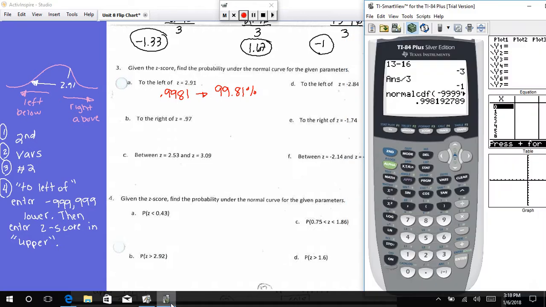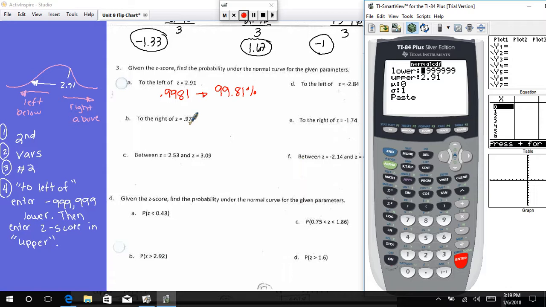Okay, let's jump down to B and do the to the right of. It's going to be the exact opposite of what we did here. To the left of, we entered negative 999,999 into the lower part, and the z-score was the upper. So if we are going to the right of, we're going to do the exact opposite. Second vars, go down to option number 2.